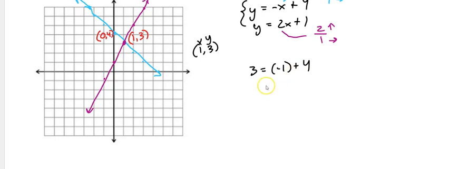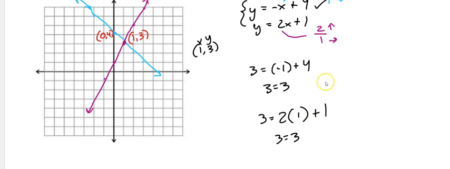Well, negative 1 plus 4 is going to equal 3, so 3 equals 3. That solves this one. Well, how about 3 equals 2 multiplied by 1, plus 1? Well, 2 times 1 is 2, plus 1, and you're going to get 3 equals 3 there. Now, this point here solves both equations. So we'll do more questions in the Hawks.